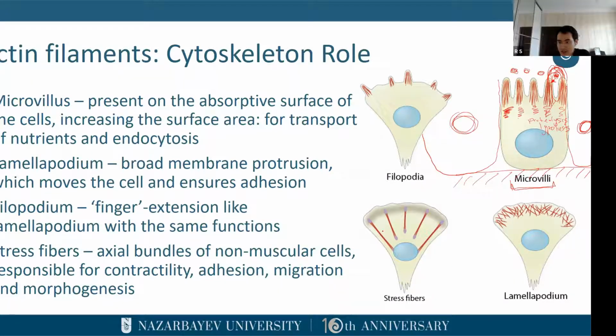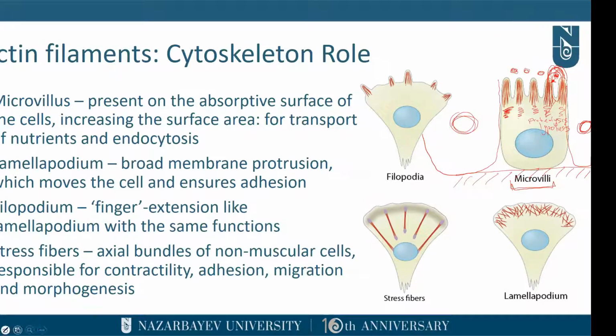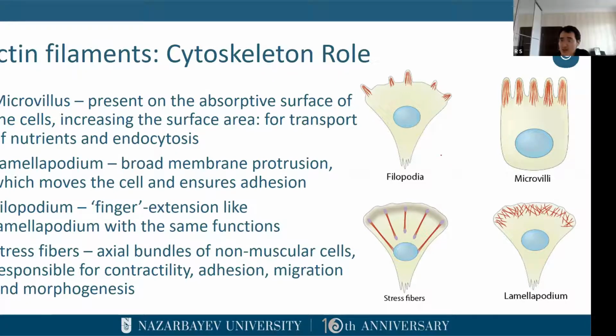And finally, we have the stress fibers. Just imagine some kind of needle here, and you try to poke this cell. So it rapidly grows these stress fibers. And after that, across these stress fibers, the cell starts contracting.